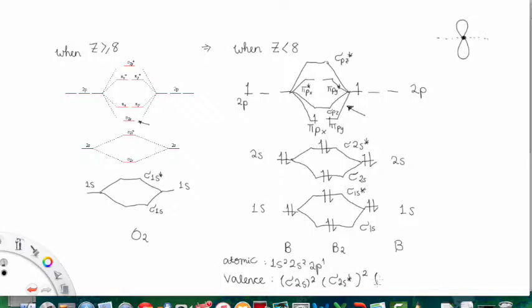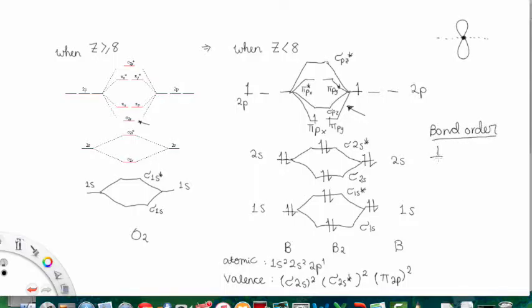And then finally we have pi 2p2, which is these 2 electrons right here. Once you draw this out, 1s we don't actually write out because it's in the innermost shell, so it's not the valence electron configuration, and it's really easy to just follow the number of electrons that you put into the diagram. Now that we have this picture, we can figure out the bond order again very easily.